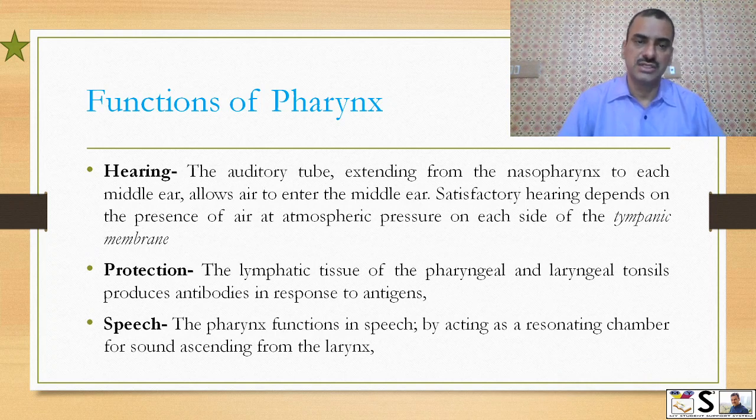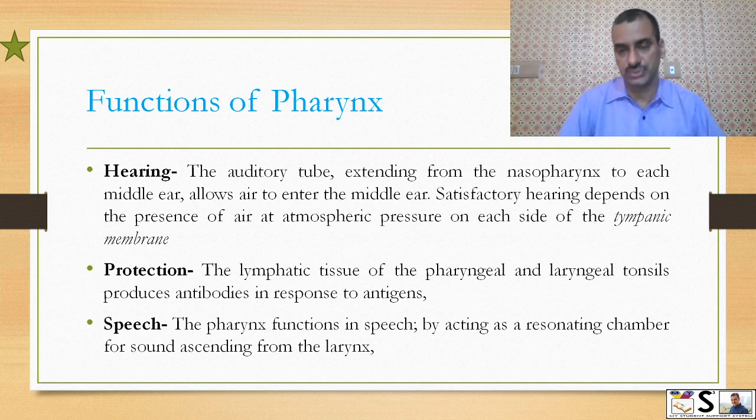Hearing. The auditory tubes, which extend from the nasopharynx to each middle ear, allow air to enter the middle ear. Satisfactory hearing depends on the presence of air and atmospheric pressure on each side of the tympanic membrane, and this pressure is maintained equal by these auditory tubes. Protection.